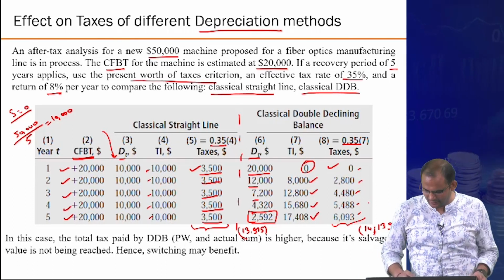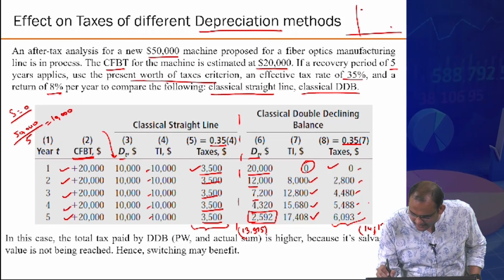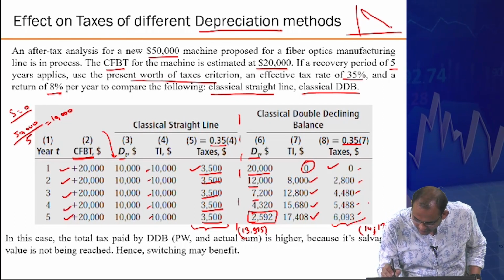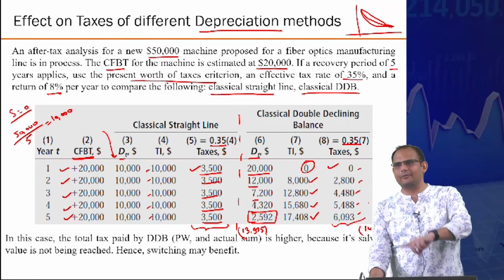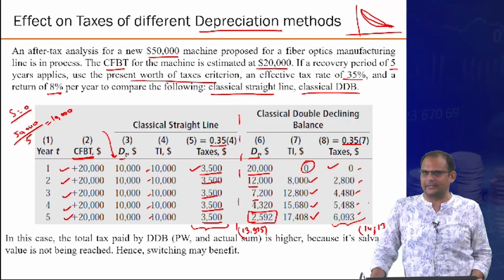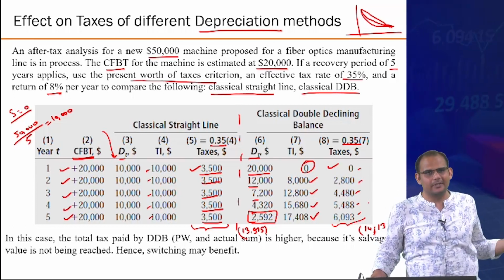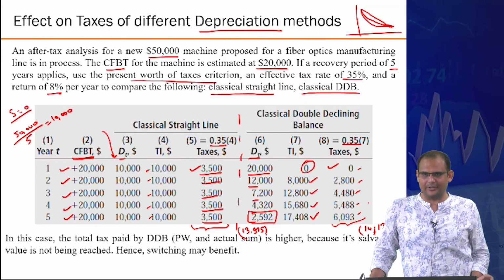So, in all the formulas that I had shown you, the starting point and the end point of all these series were the same. Only then were you able to make that statement that a higher depreciation in the early stage is better. It's not an absolute statement, but it will be a true-false question for you guys.